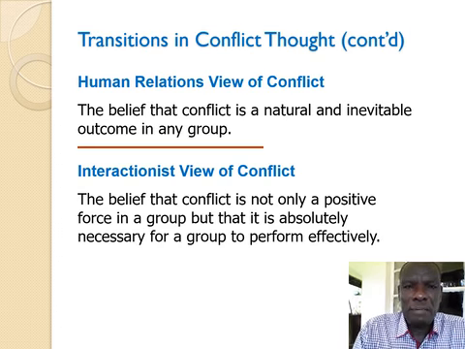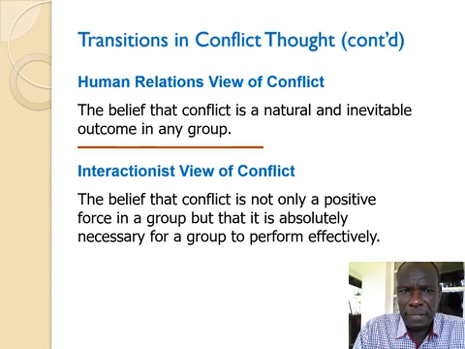So, having looked at the traditional view of conflict, we move to the human relations view of conflict. This is the belief that conflict is a natural and inevitable outcome in any group.